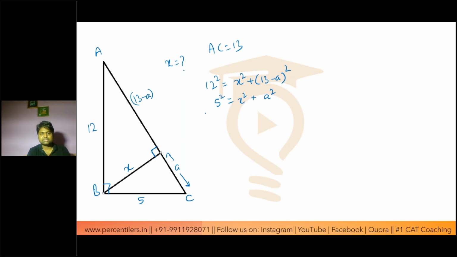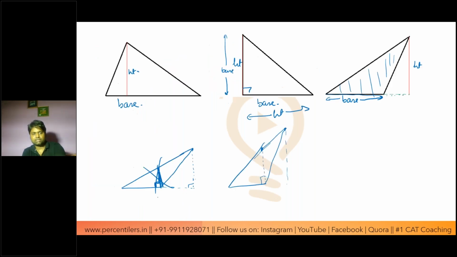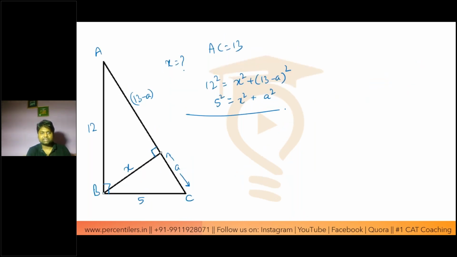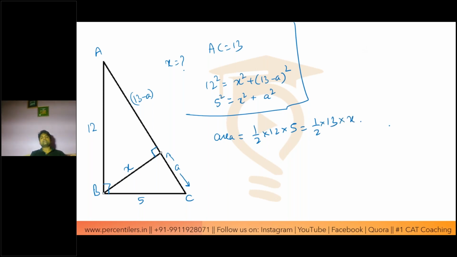But all this is not needed. What you have to do is nothing but area of triangle, half into 12 into 5, which is also equal to half into 13 into x. So it's up to you, what do you want to take as base. आप तीनों में से कोई भी साइड को बेस ले सकते हैं.